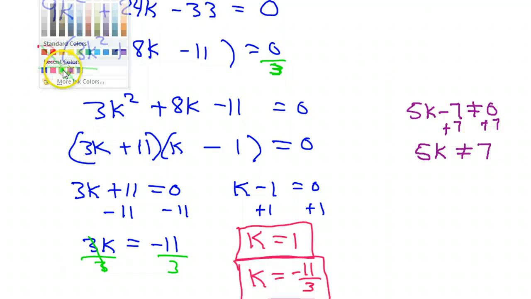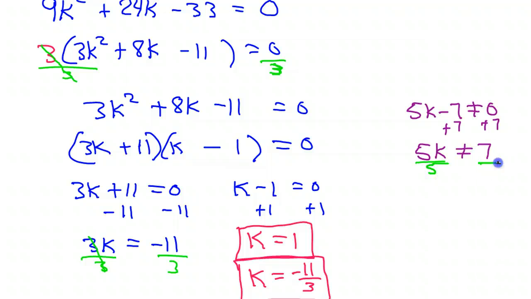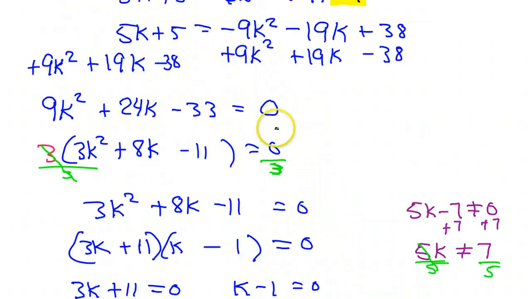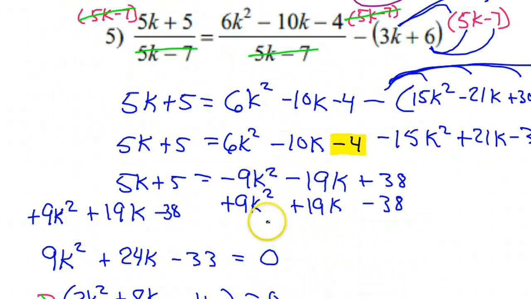And dividing both sides by 5, I see that k cannot equal 7/5. Alright, and none of these are that, so that's okay. Alright, that's it for number 5.